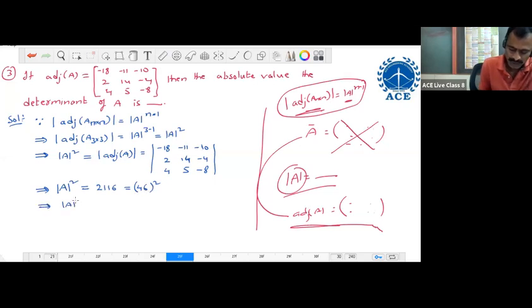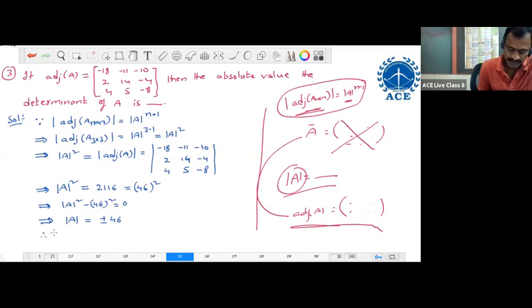So determinant of A square minus 46 square equals 0. This is just like the A square minus B square form. So (A plus B) into (A minus B), then it will have two roots, which implies determinant of A equals, determinant is a constant only, determinant of A equals plus or minus 46. But we are asked to find the absolute value of the matrix A only. Absolute value means plus 46.